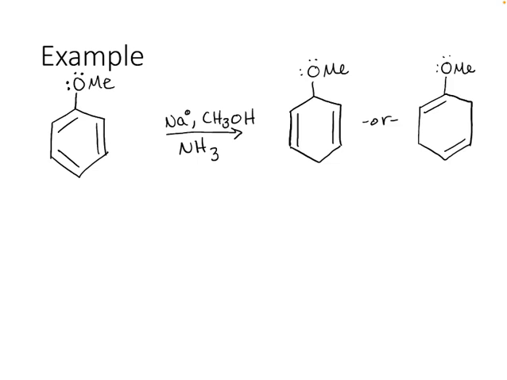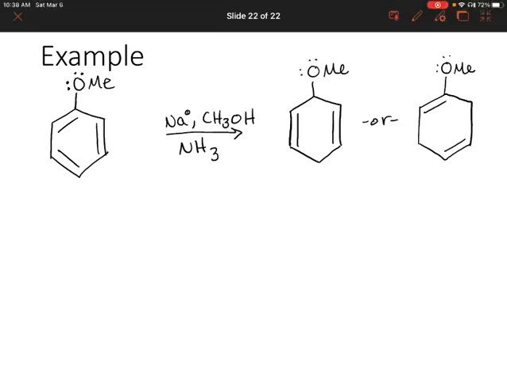Okay, so again, in this situation, if we look at our resonance structures, that oxygen can donate electrons into the ring. So it can give electrons to that carbon it's bonded to. So this is actually an electron donating group. Oh, sorry.